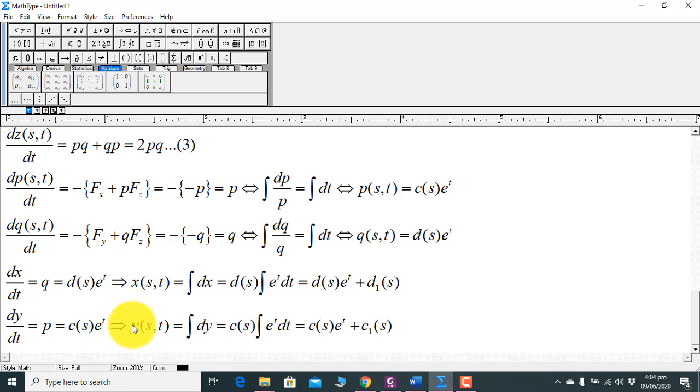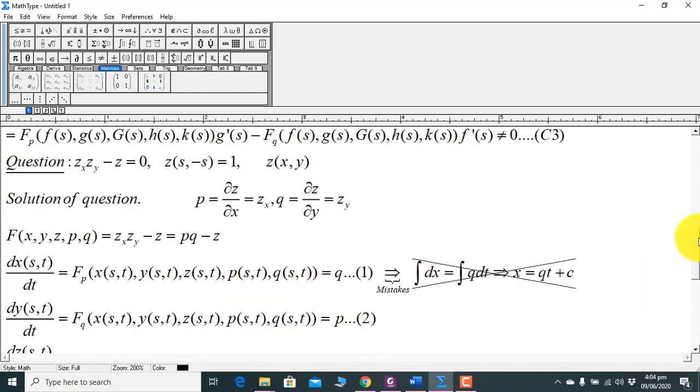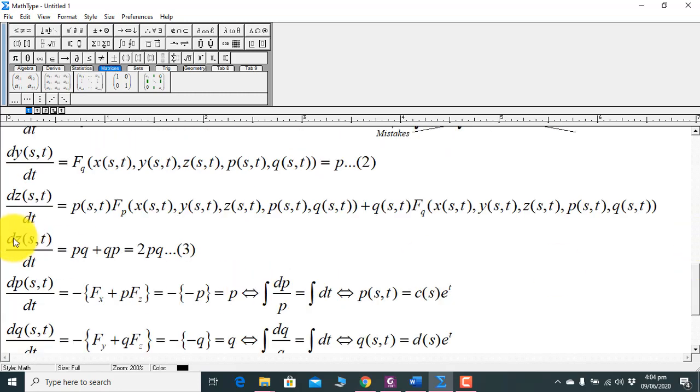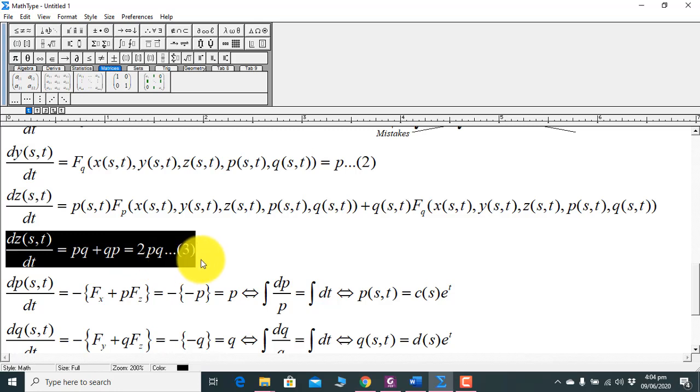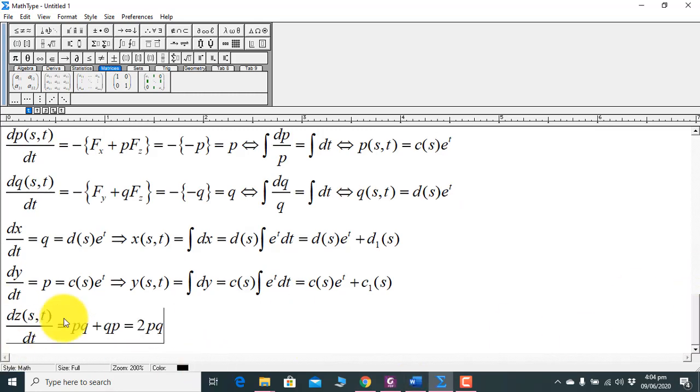Both have been calculated. p is also calculated, q is also calculated. Similarly you can put the values of p and q in the ordinary differential equation of z. So this was the ordinary differential equation of z. I write from equation 3, so you can write this again. This has been calculated in the slides, 2pq. So the answer will be 2pq.